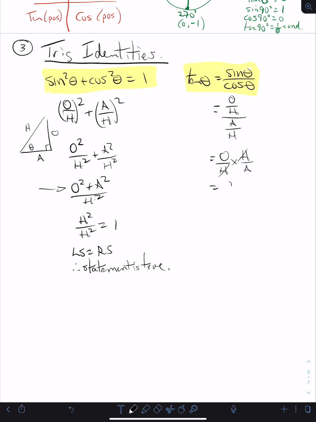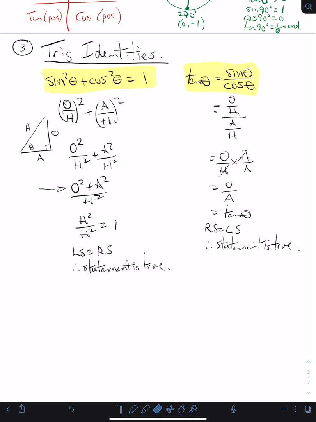These cancel out, so that's opposite over adjacent, which is equal to tan theta, by definition. So right side equals left side, therefore statement is true. Ta-da! So those have just been proven to you, using some more fundamental ideas. How fun.